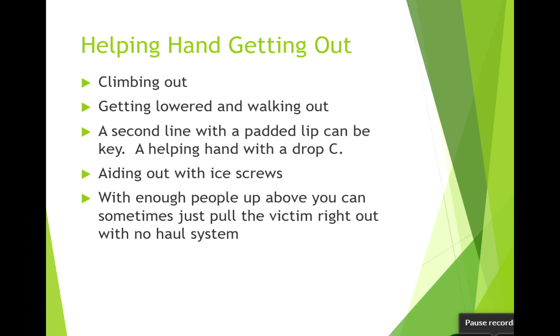And sometimes all they might need is help at the lip. They ascend right up to the top, and all they need is someone to give them a hand and just kind of help them pull over the top there. And so those are all potential methods of helping someone out of a crevasse, and dealing with some of the real world problems that happen if someone does fall into a crevasse on a glacier.